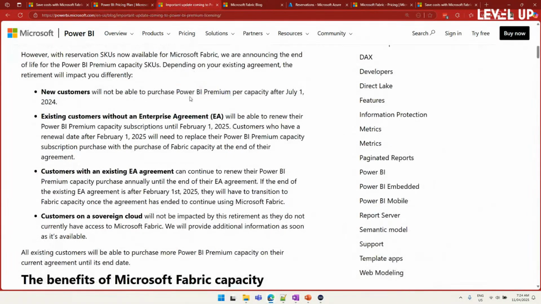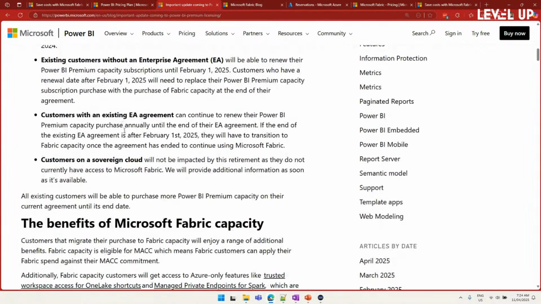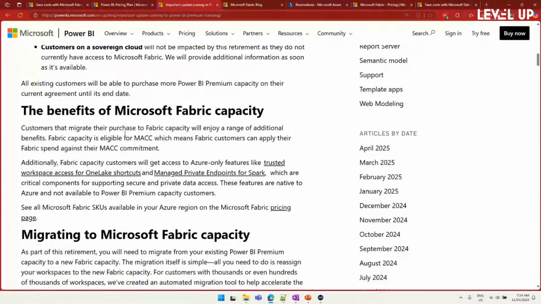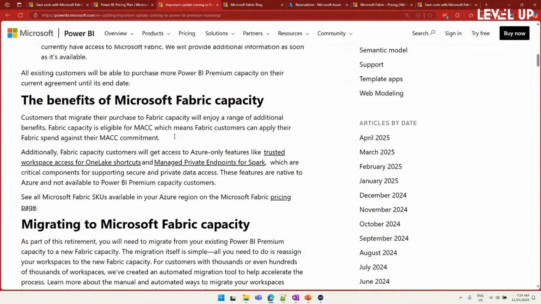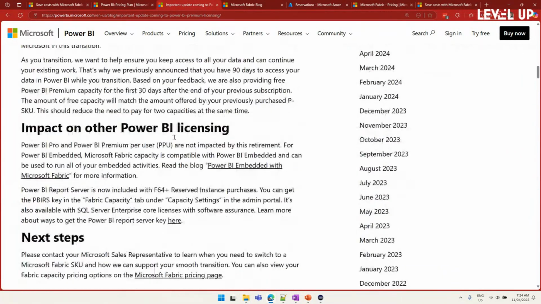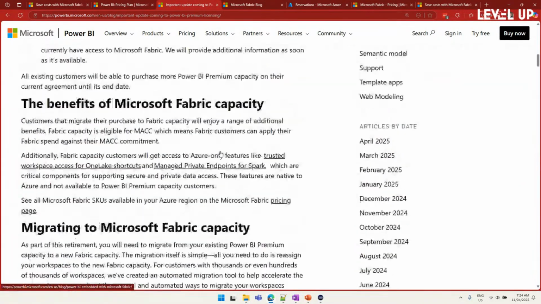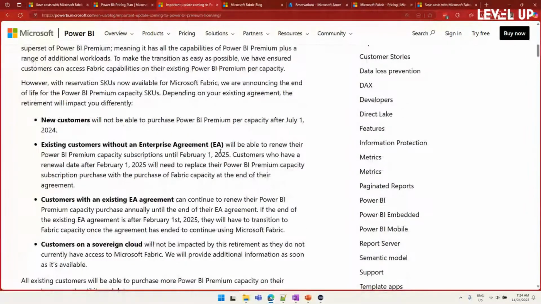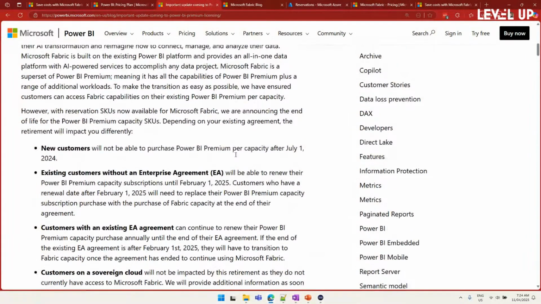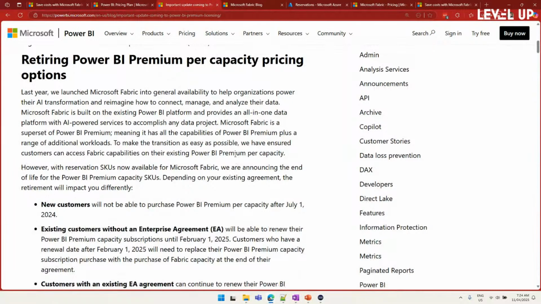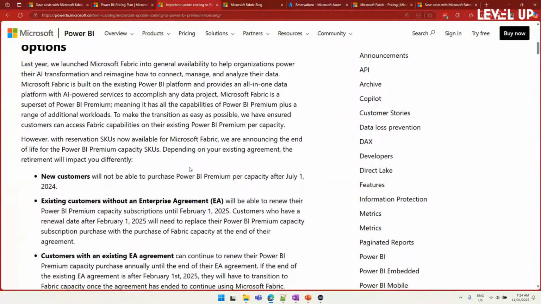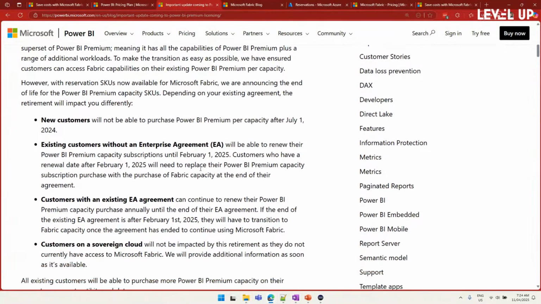The only challenge that I see with this, and let me know what you think down in the chat, is that many organizations had a good discount in the Office 365 stack. If you were a non-profit organization or education, you were getting really good discounts for Power BI Premium, on top of any discounts as part of the enterprise agreement and so on.